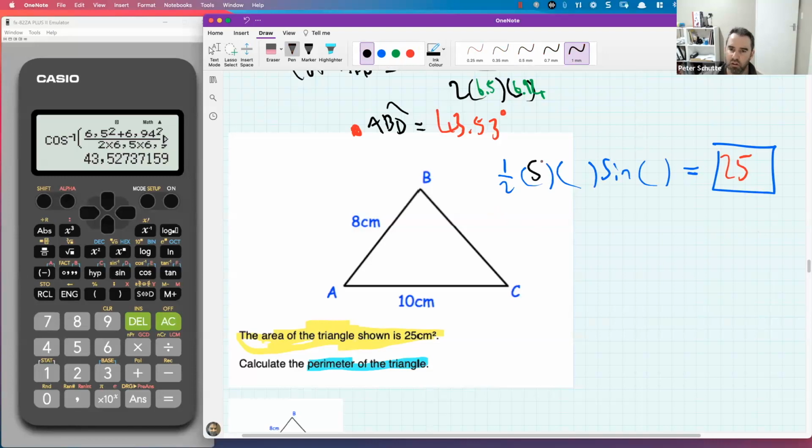And you know about this. What you don't know, let's call this angle A. What is angle A actually? You don't know what this angle is here. And so that's the goal. Can you find what angle A is?